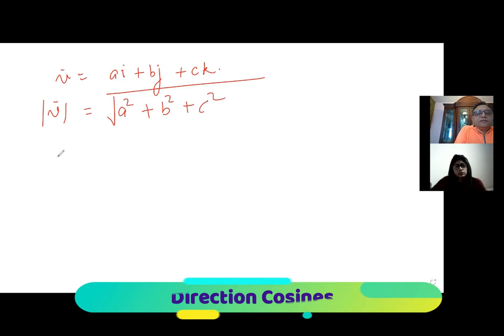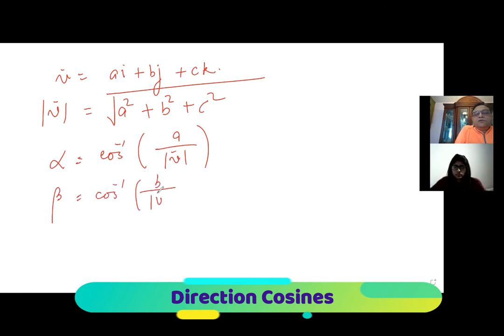And direction cosines: alpha is cos inverse of a over magnitude of v, beta is cos inverse b over magnitude of v, and gamma is cos inverse c over magnitude of v. Is it okay? Clear?